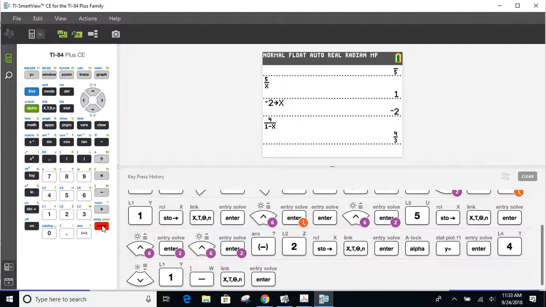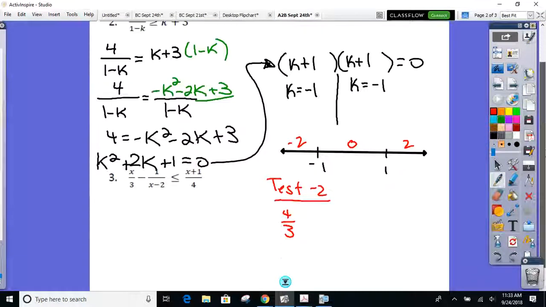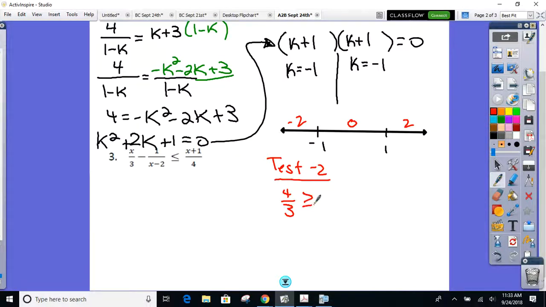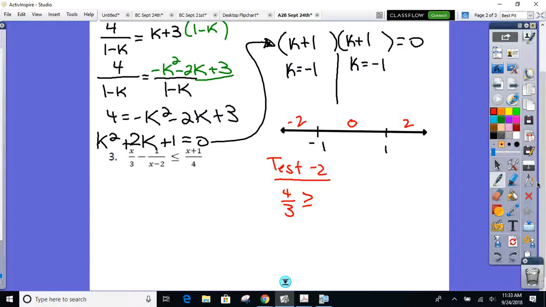And I get 4/3 out. Okay, so when I test negative 2, is 4/3, is that a less than or greater than sign I have? Greater than or equal to? And what is my right side? K plus 3, got it. I don't need to plug that in, that's 1, right?